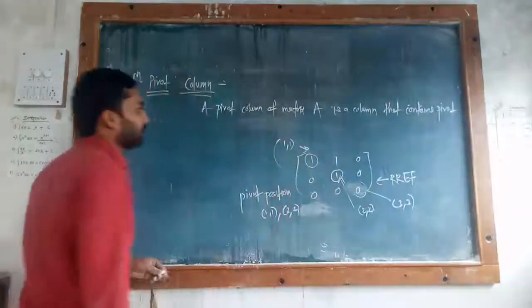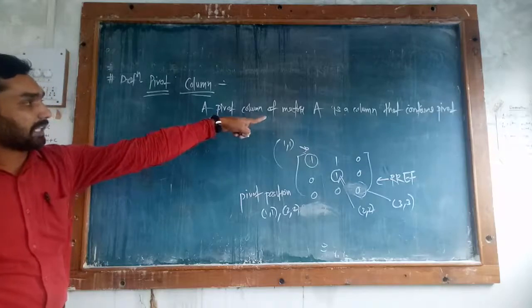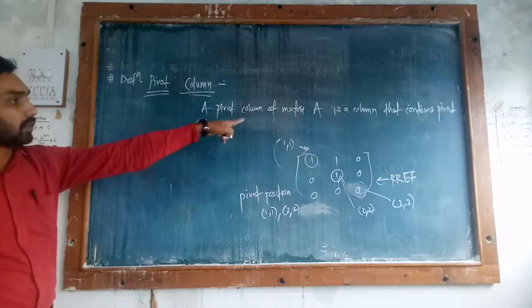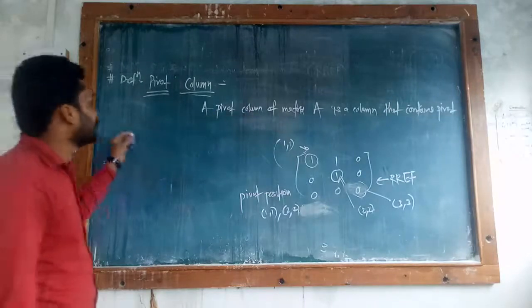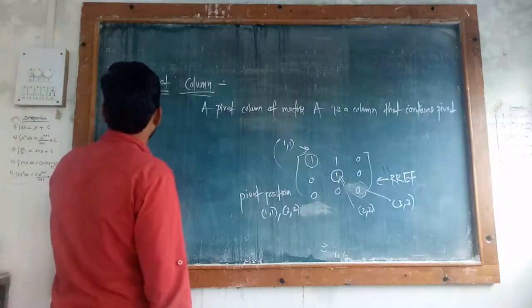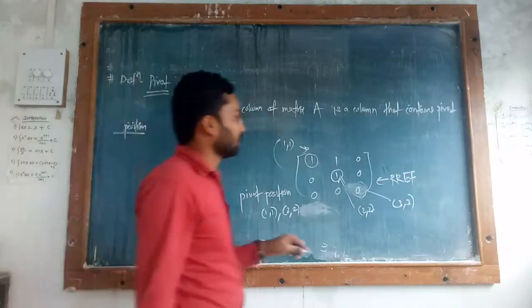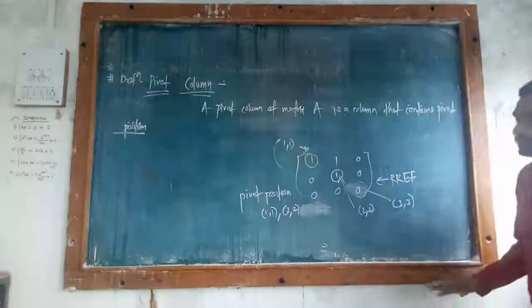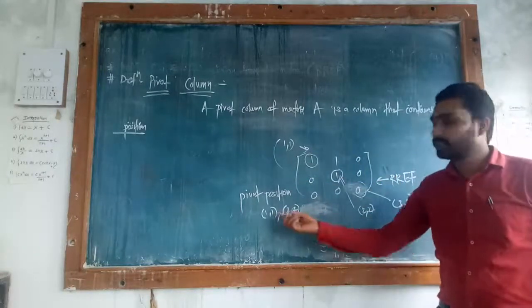Pivot column of matrix capital A is a column that contains a pivot position. So in your example, pivot positions are 1 1 and 2 2.